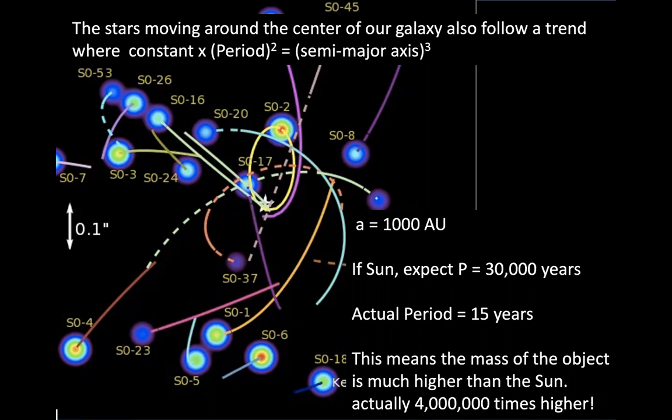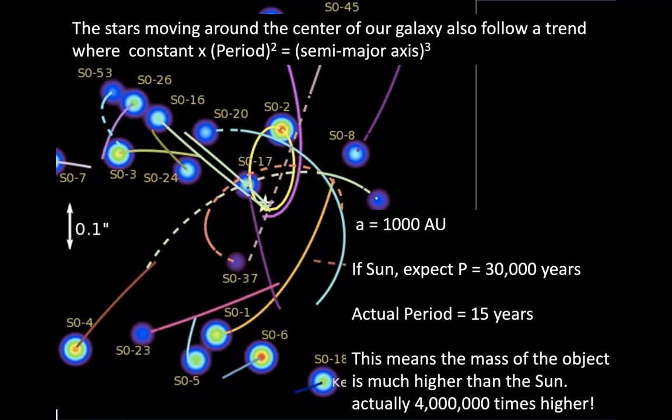If we use the rule for our own solar system, we can stick in this number. We can basically cube this. We get a very big number, AU cubed. We then say, the period squared is that number. Take the square root. We would get a period of about 30,000 years.